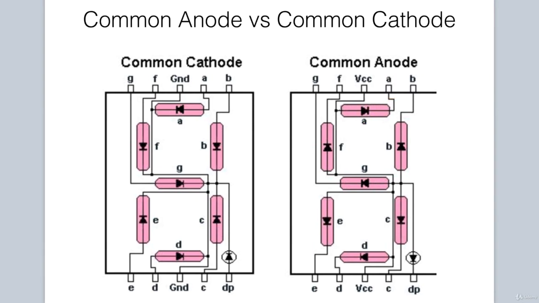So the difference between common anode and common cathode is the polarity of the common pins and the voltage you will need to apply to light segments. The datasheet for your 7-segment LED will tell you if it is a common anode or common cathode configuration.